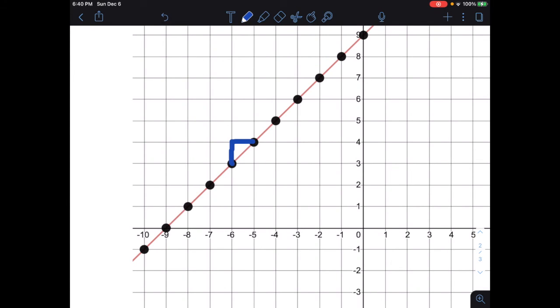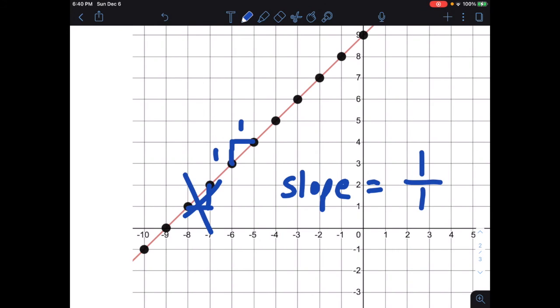So if I were to try and do one of these and go down first, I'd have to go to the left, and I don't want to go down and to the left. So we don't want to do that. So I'm going to cross that one off, because we always want to go to the right. And so in this case, I went up 1 over 1. So my slope is 1 over 1. And I'm going to leave it like that, even though I know 1 over 1 is just 1, because 1 divided by 1 is 1.